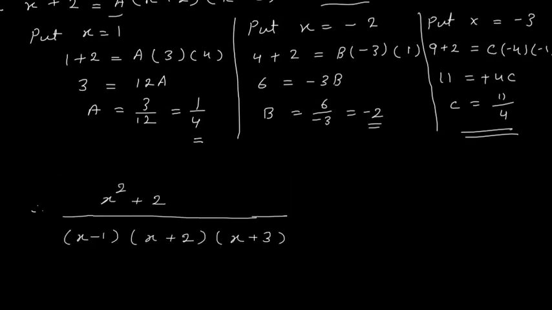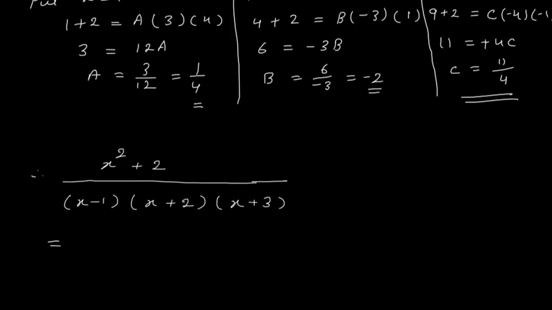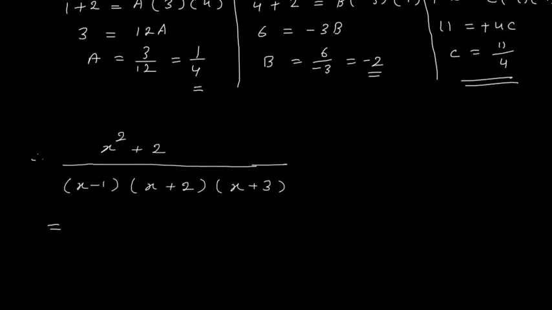This will be equal to a upon, so the value of a is 1 upon 4, so I will say 1 divided by 4 into 1 upon x minus 1.